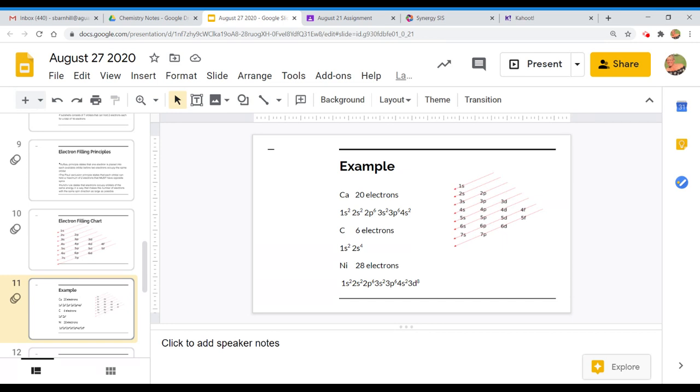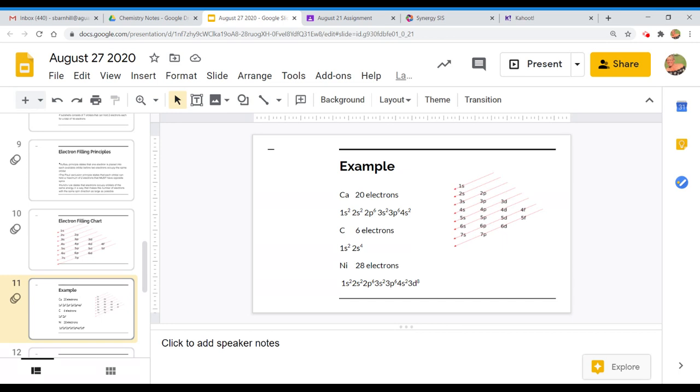Second example, carbon. Carbon, I look on the periodic table, and it has an atomic number of 6, so that means it has 6 electrons. So I start up here at the top, 1s, all s's can hold 2. I go to my next orbital, and it's 2s.